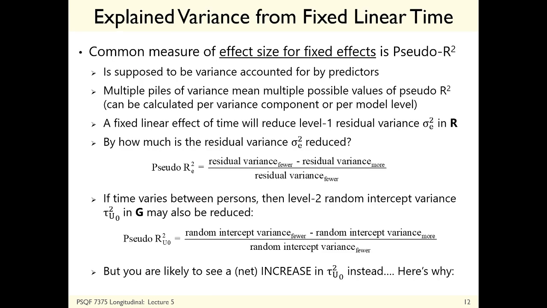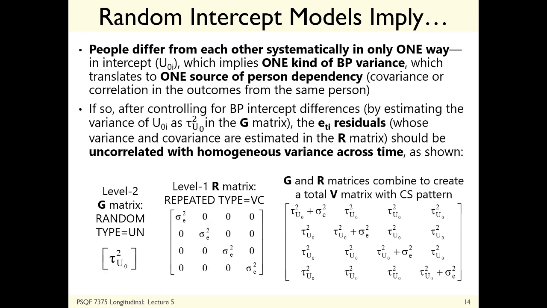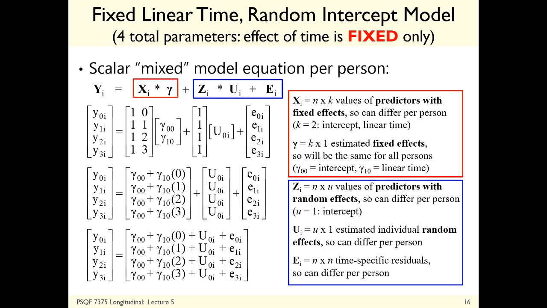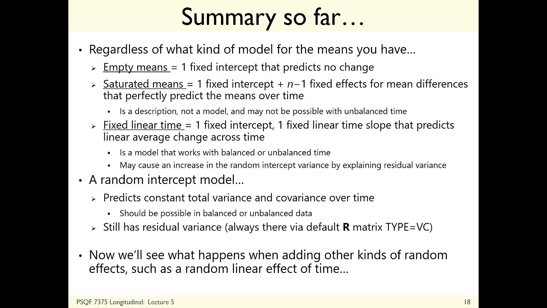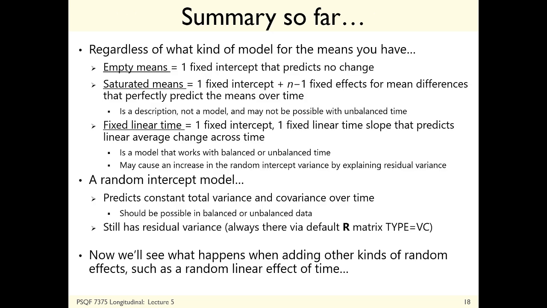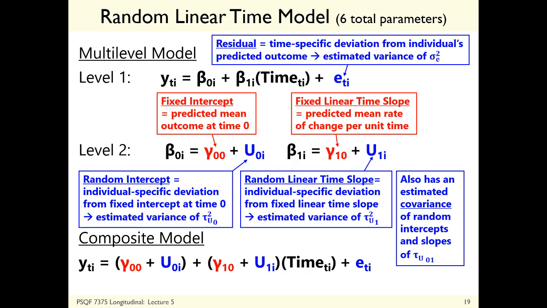Okay. So we talked about compound symmetry, constant variance, and I think that's about where we left off when we were ready to add random linear time. So we did this at the end, so we'll go back to that.